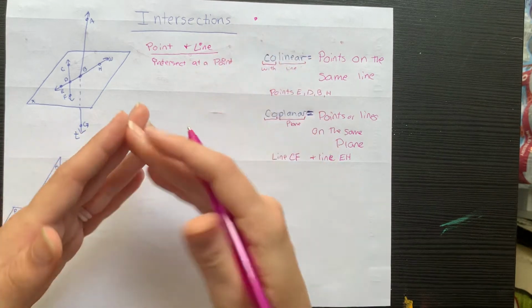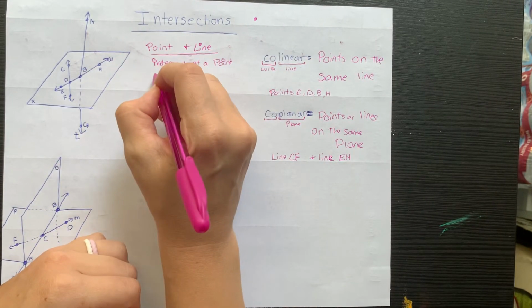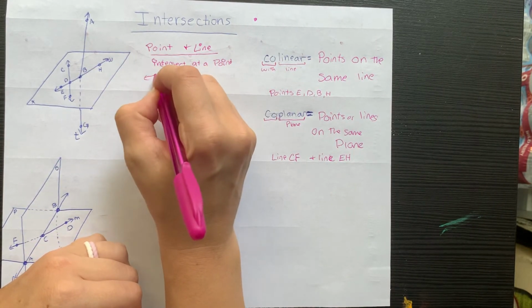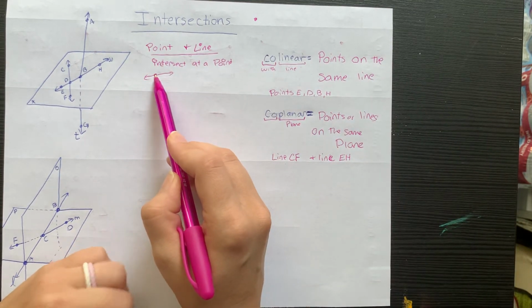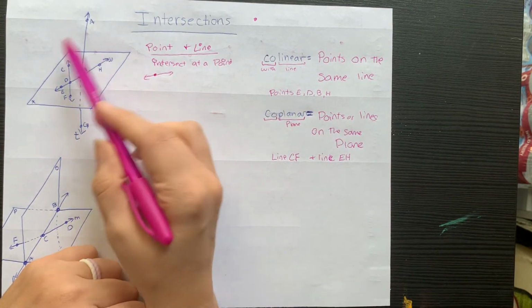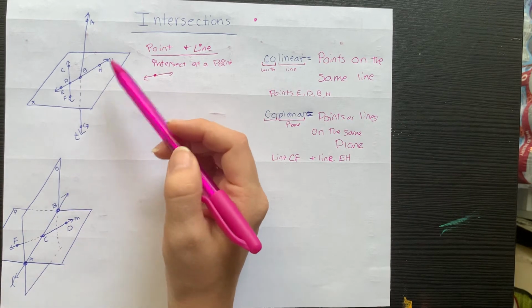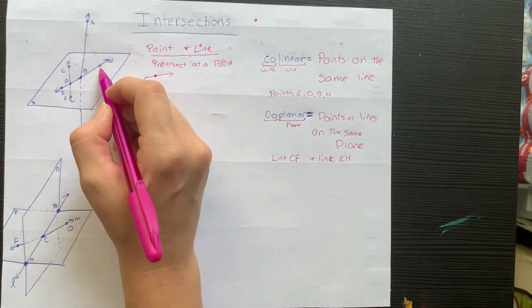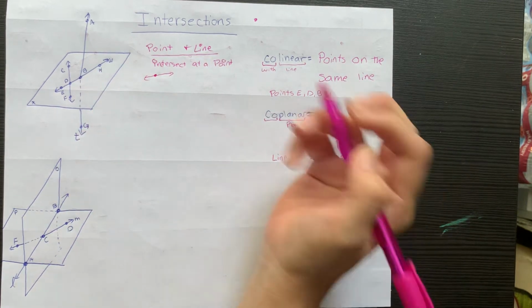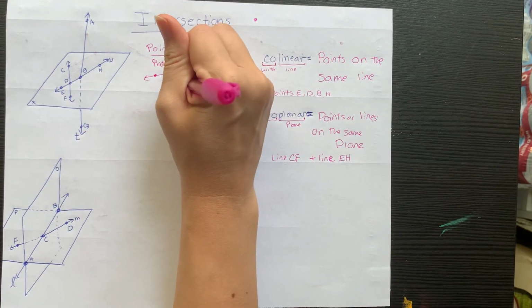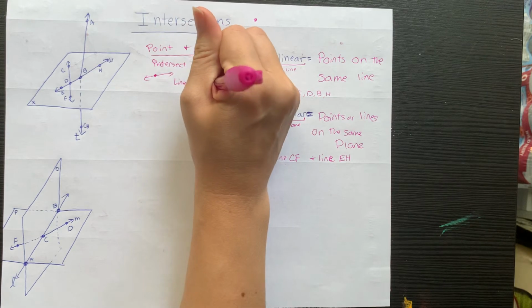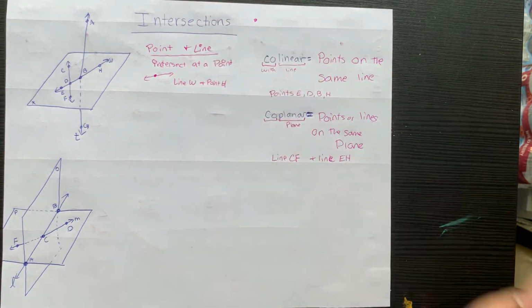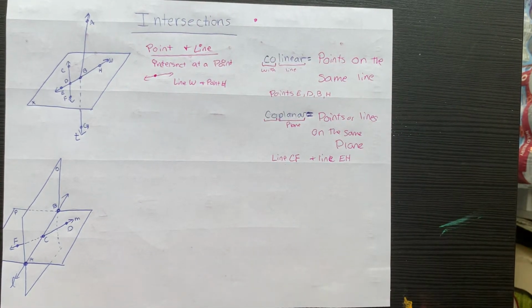A point and a line together would make a point. So they cross where the point is. So in this case, my example from this picture would be line W intersects point H. Right? Line W and point H. Okay. So points and lines can intersect.